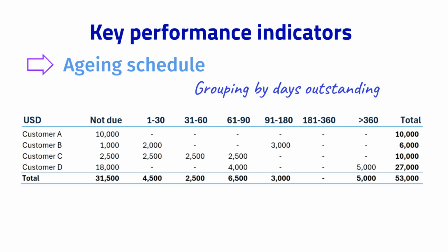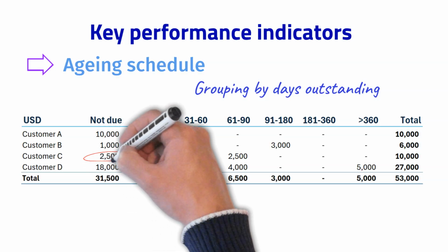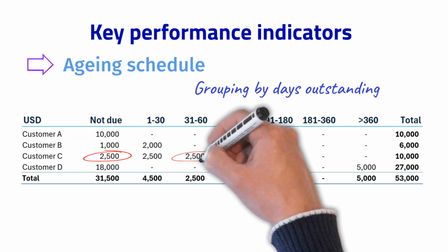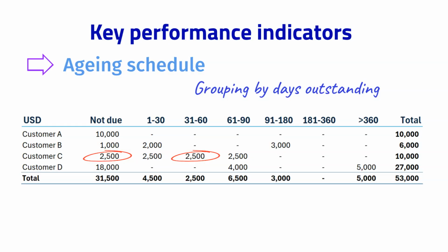In the rows we will have the list of the customers, for example like this. And then we will have a summary for all customers and all buckets. And yes, the same customer can end up in different buckets at the same time, depending on individual invoices.